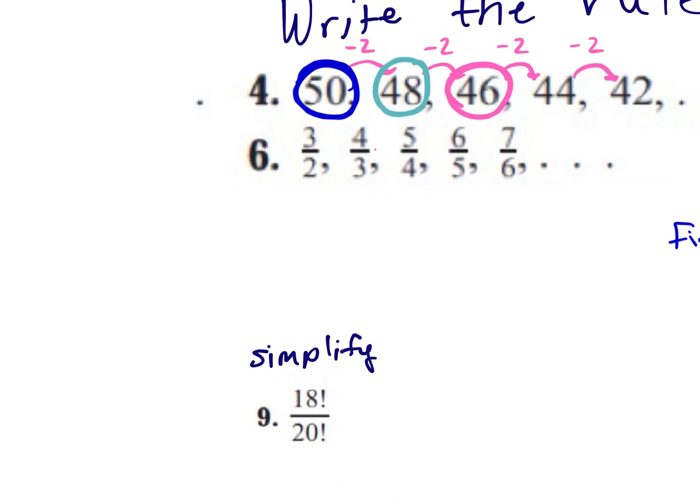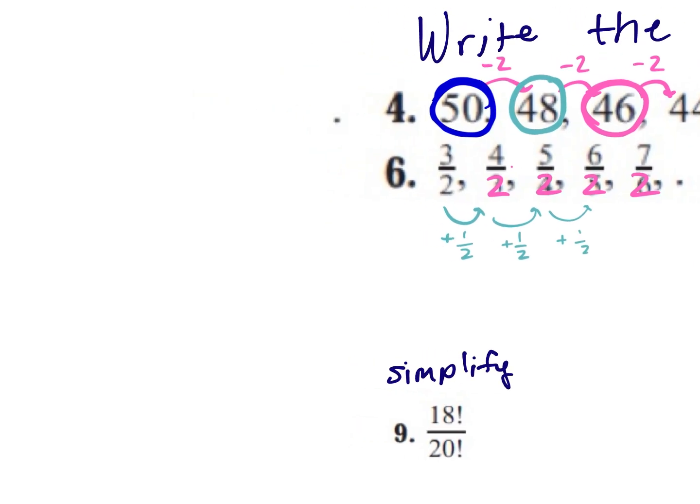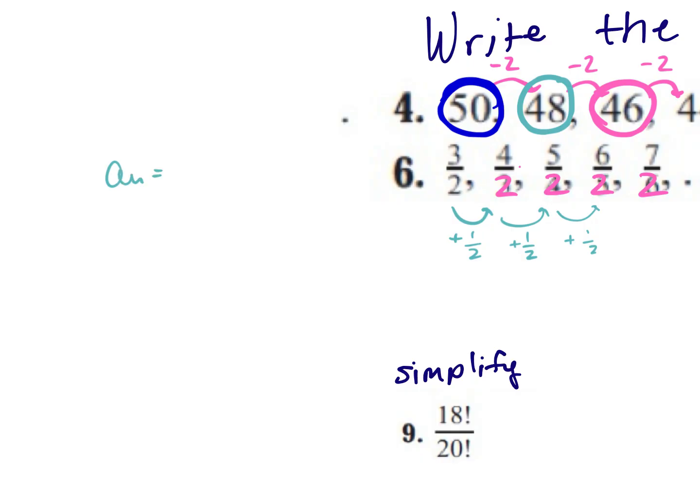But let's say all of our denominators were the same. I'll change this. Let's say all of our denominators were 2. So we had 3 over 2, 4 over 2, 5 over 2, 6 over 2. And we are just adding 1 over 2 each time. We could do it this way. So same thing, same formula. We have a sub n is equal to, our first term is 3 over 2, plus n minus 1 times d.